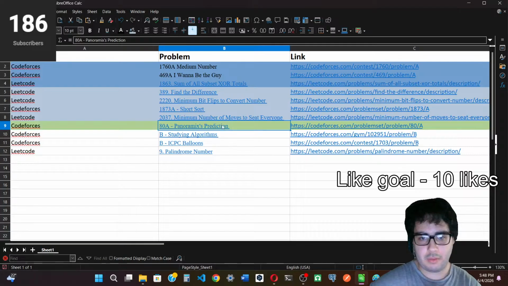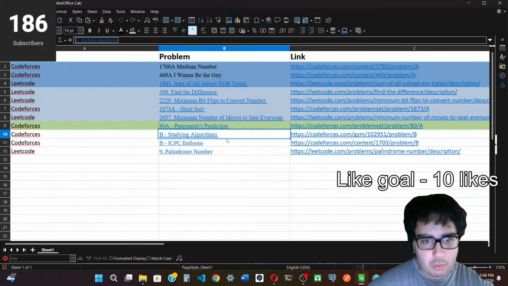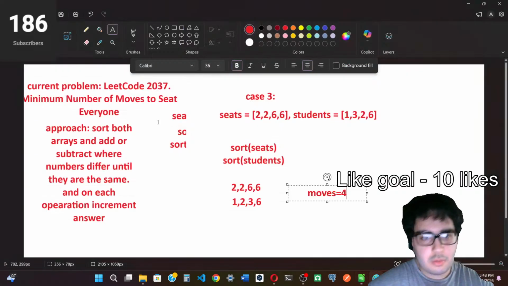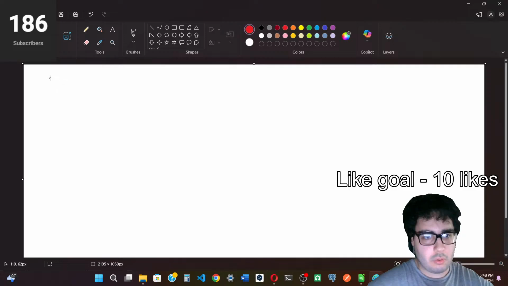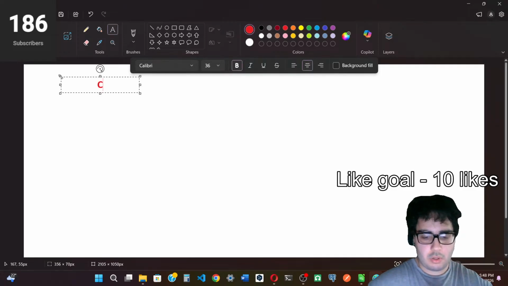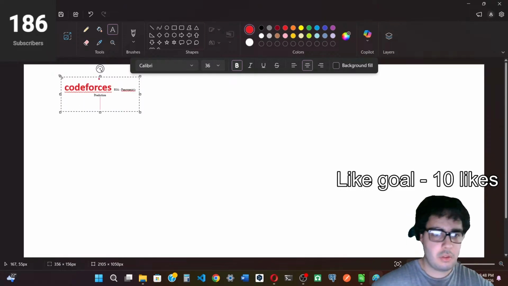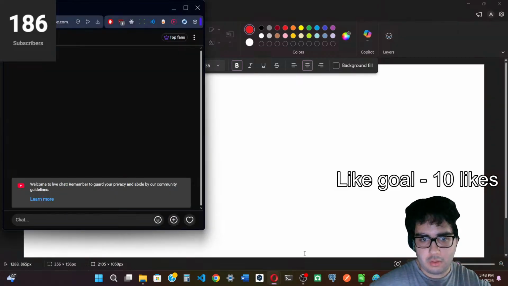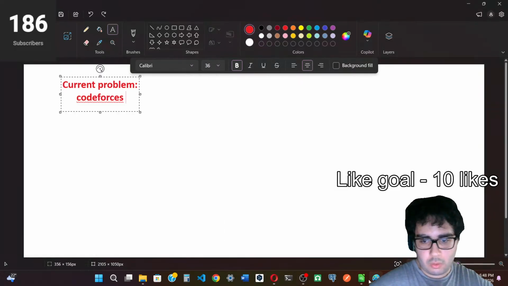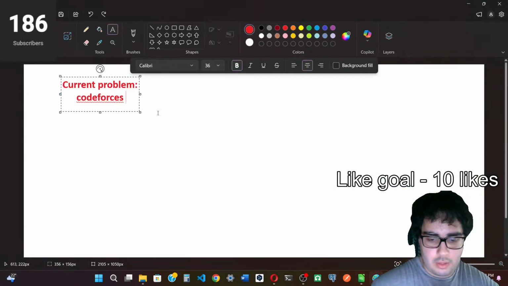So the next problem is Codeforces 80A, Panoramix's Prediction. That is the next problem. Okay, so let me update this. So the current problem is Codeforces 80A.